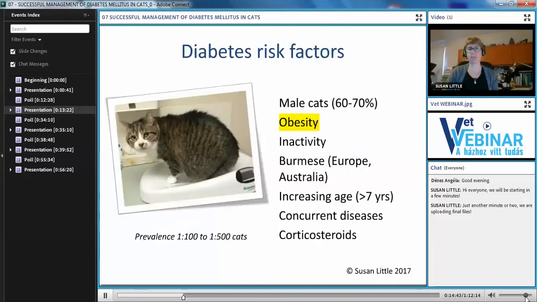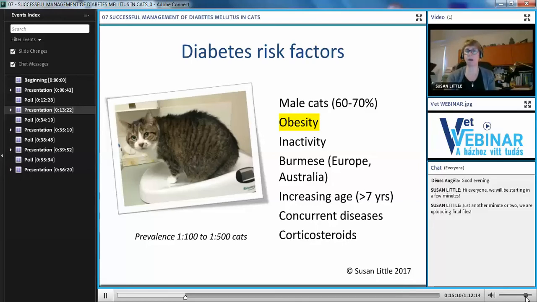So the risk factors, the cats that are most likely to develop diabetes mellitus would be a male cat. So about 60 to 70% of our patients are typically male cats. Yes, we definitely see female cats with diabetes, but male cats are a little bit more common, partly because their body fat percentage is higher than in female cats. Their growth rate and their body weight tends to be higher than in female cats.